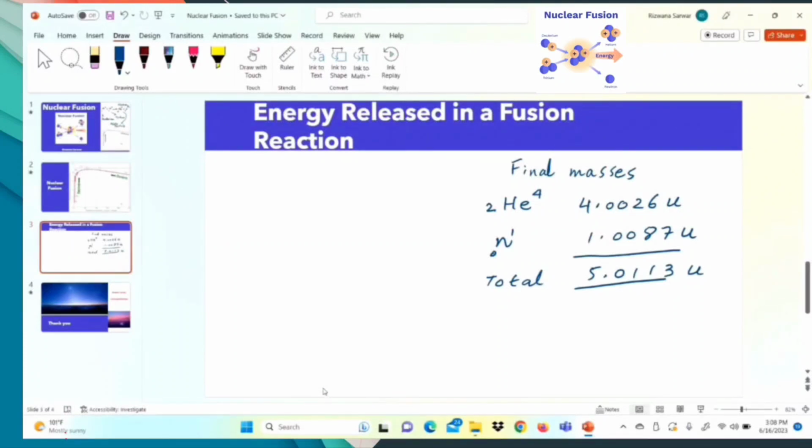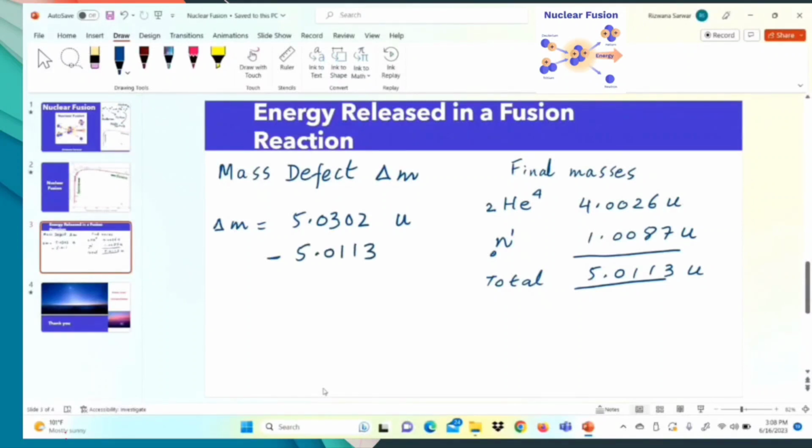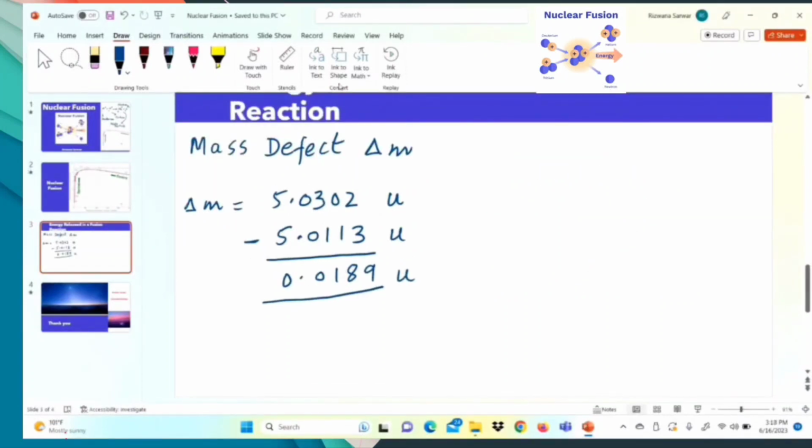Now we will find the difference in mass between the final nuclei and initial nuclei, which is called the mass defect, as I have told you already. Denoted by delta M, the mass defect comes out to be the difference of masses between reacting nuclei and final nuclei. So it is 0.0189 unit.